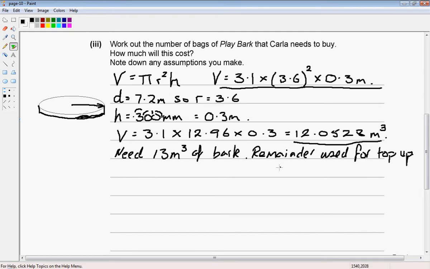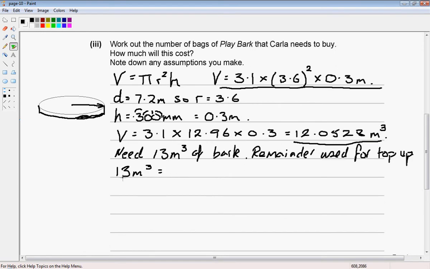So what we said here is that although we'll get more bulk than we actually need, we could use the remainder just for topping up if we need it. Okay, so 13 meters cubed.